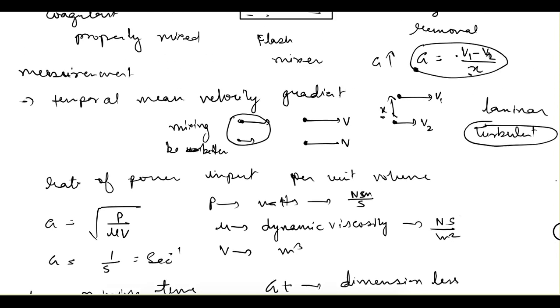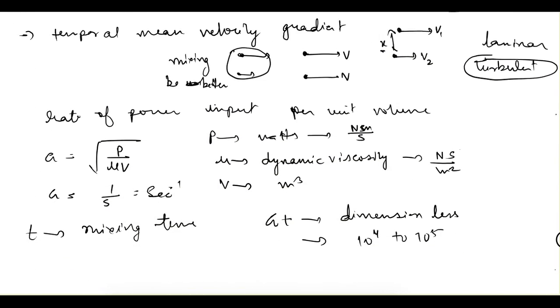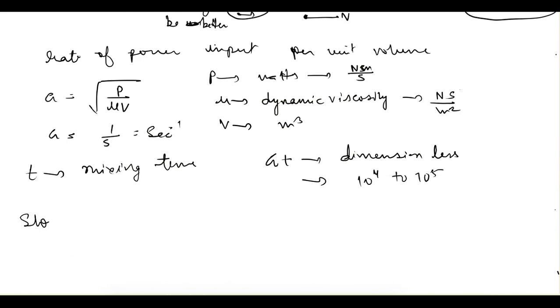Now apart from this rapid mixing which we require for coagulants, slow mixing is also done, but that is done in the case of flocculation. When slow mixing is done, the flocs can increase in size and they can settle easily.